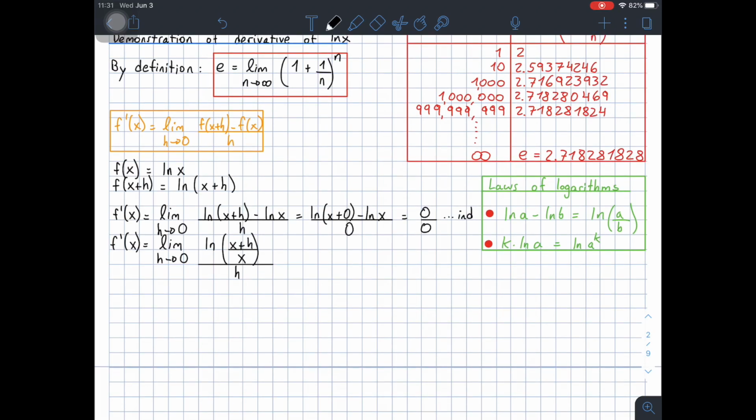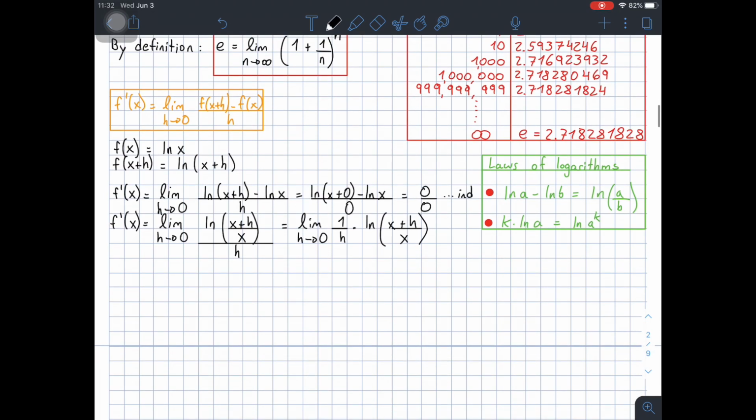I will separate the division and rewrite this as the limit when h approaches 0 of 1 divided by h times the natural logarithm of x plus h divided by x. The only thing I did is take this division, which was down here, and bring it up to the front, and it's the same thing.